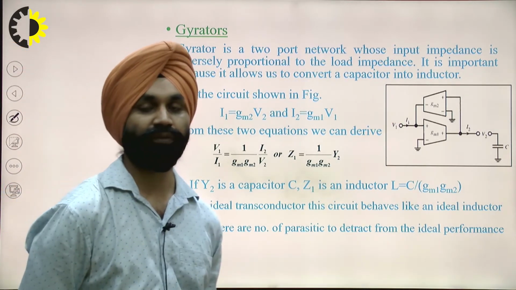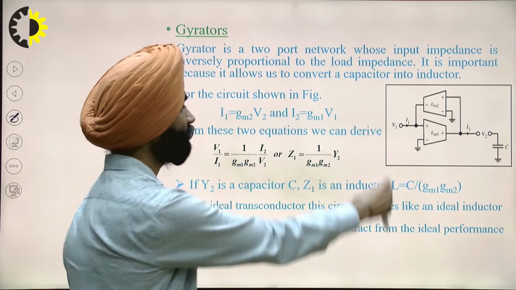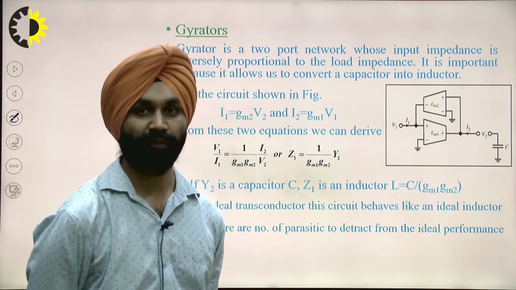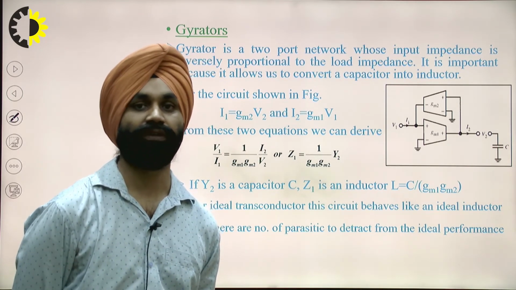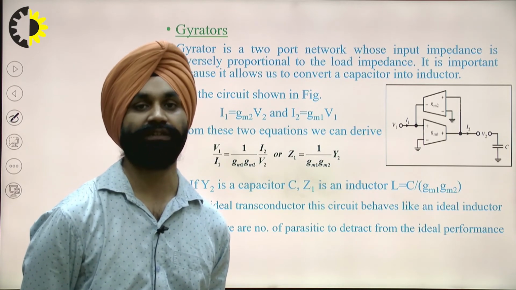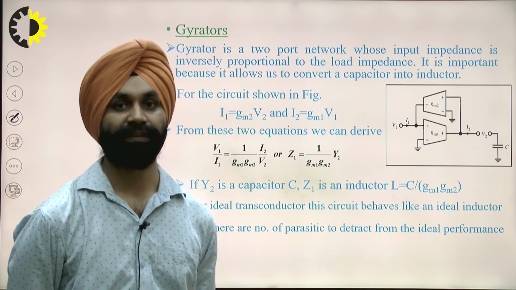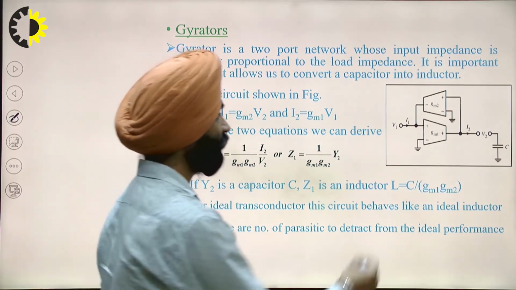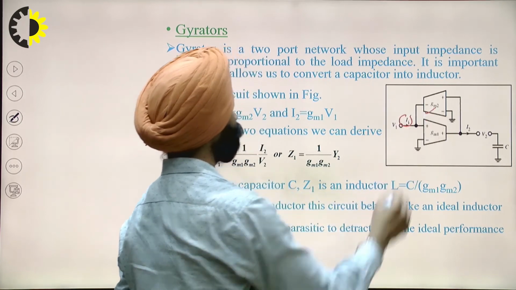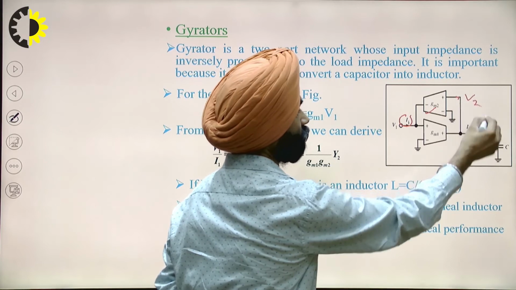Let's suppose we have two transconductances set up in this arrangement, such that the input current is given by the second transconductance, GM2. Then we can say that I1 is GM2 times the input voltage, which is V2 over here.